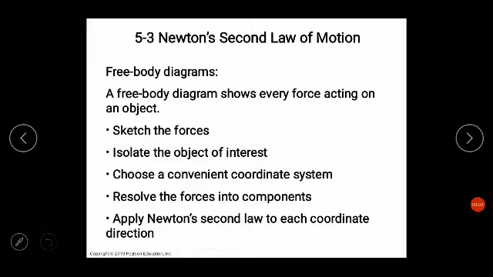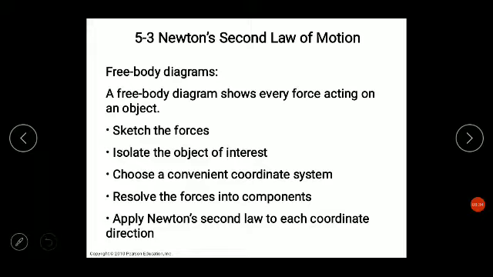In the second law of Newton, it is very important for us to understand the concept of free body diagram. The free body diagram will show us the sketch of the forces acting on the object. If you have a particular system, you have to isolate that one that will be considered as our object of interest. Then we are going to superimpose that one in our convenient coordinate system.